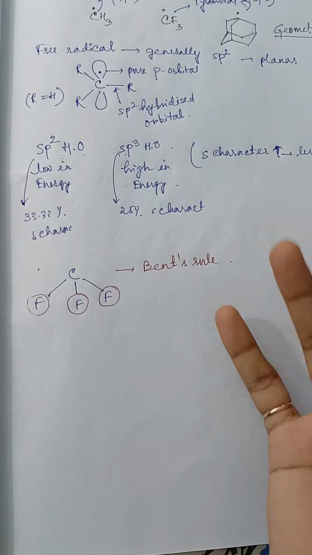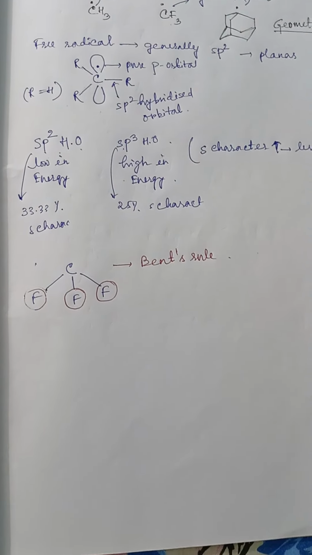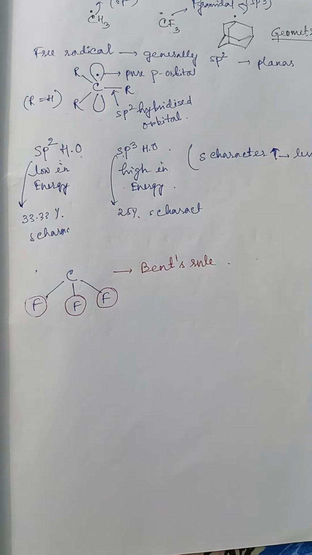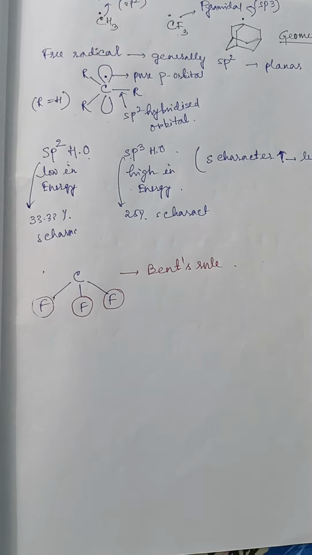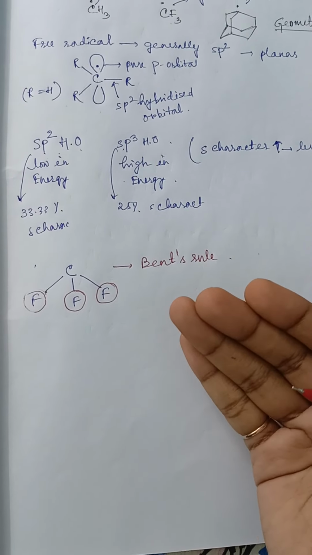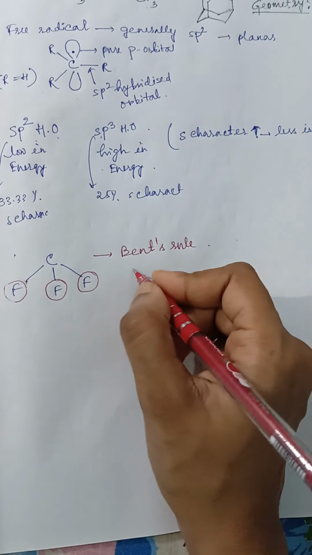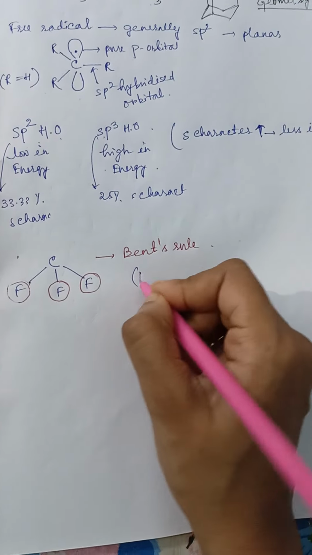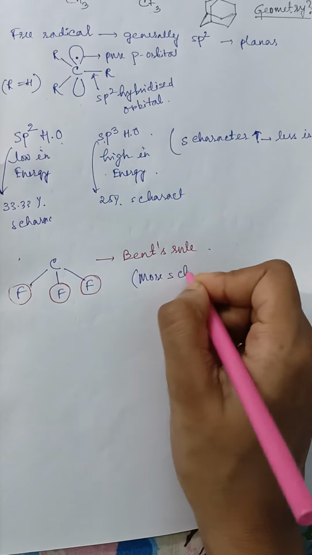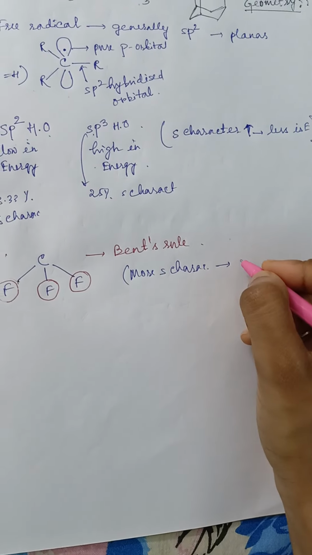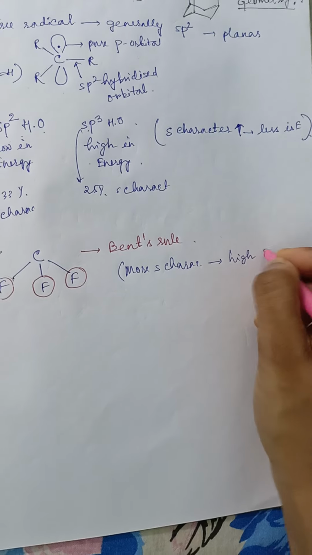Because s character means the s orbital is closer to the nucleus, very electronegative and tightly bound, so more s character means high electronegativity.